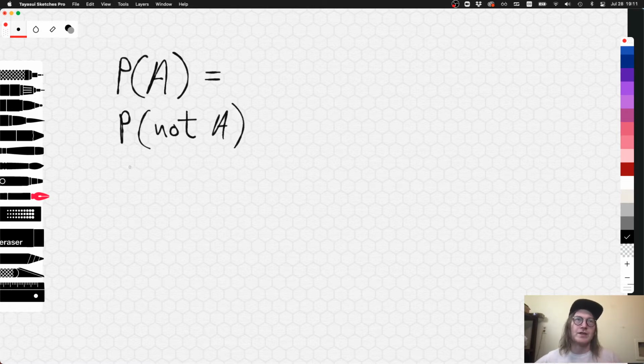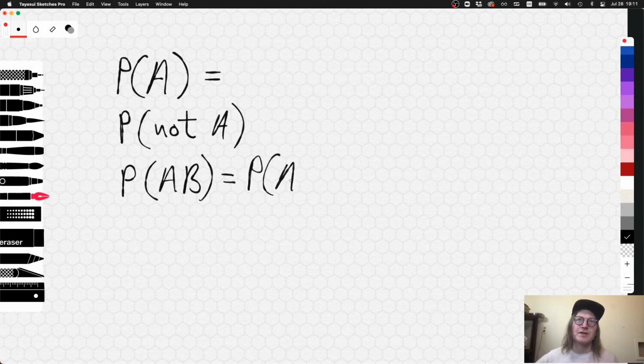We can consider things like the probability of A intersected with B, which we might write like that, but I'll be more careful to write this as A intersect B. I think it's nice to use explicit symbols a little more often, even though you don't have to.